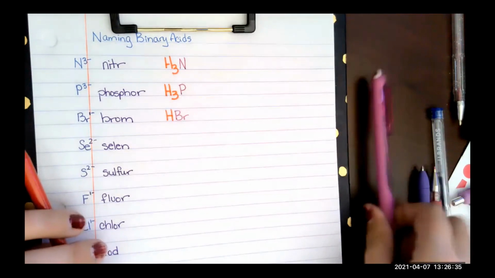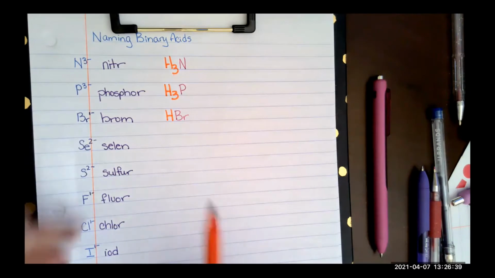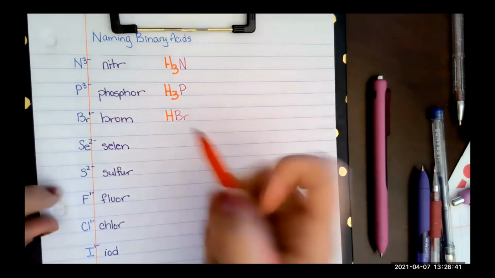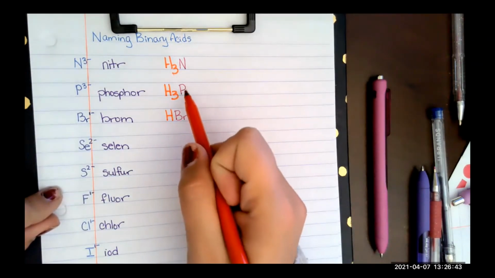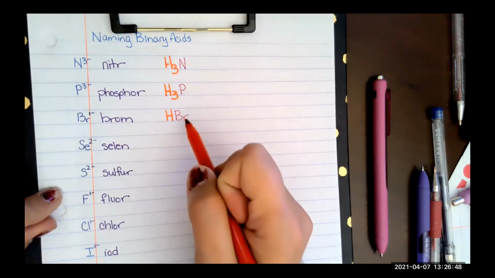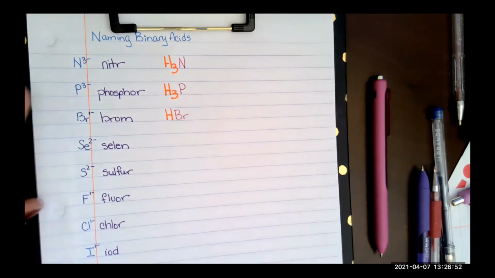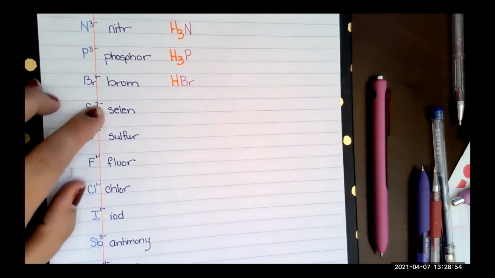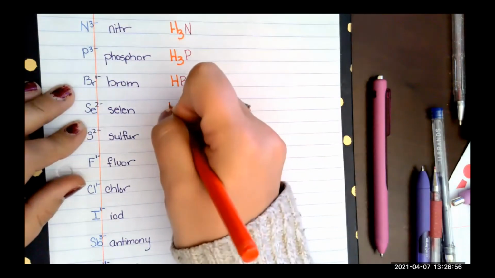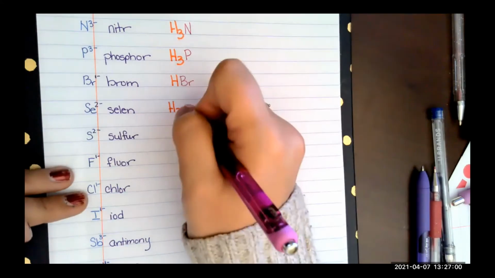Remember, capitalization is important when you're writing your formulas, so keep in mind that the H's are always capitalized, and at least the first letter of each element is capitalized. The second letter should always be small unless you're doing a compound like cyanide. So for selen, there's 2, so it should be H2, and then you do Se.